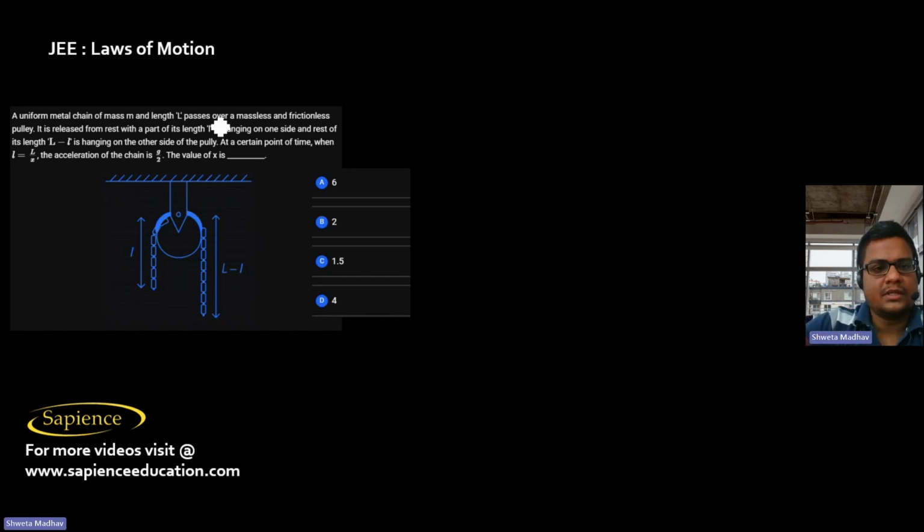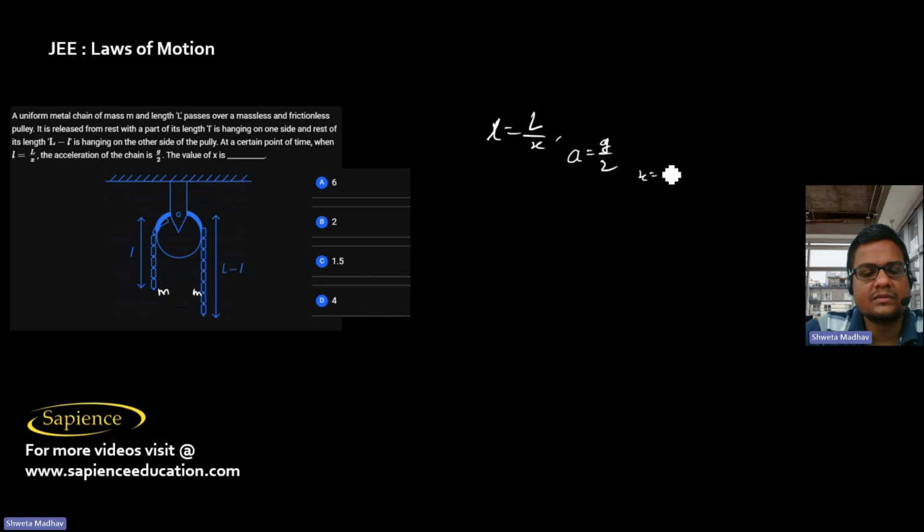It is released from rest with a part of its length l hanging on one side and the rest of the length, L minus l, hanging on the other side of the pulley. At a certain point of time when l is equal to L by x, the acceleration of the chain is equal to g by 2, then the value of x is.